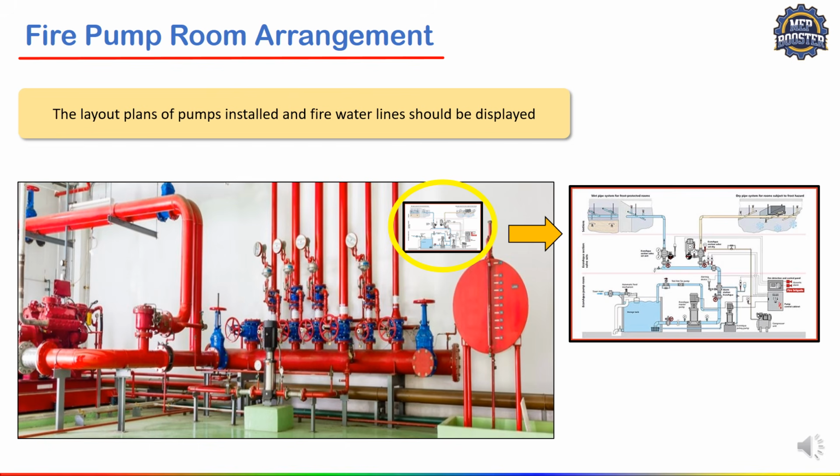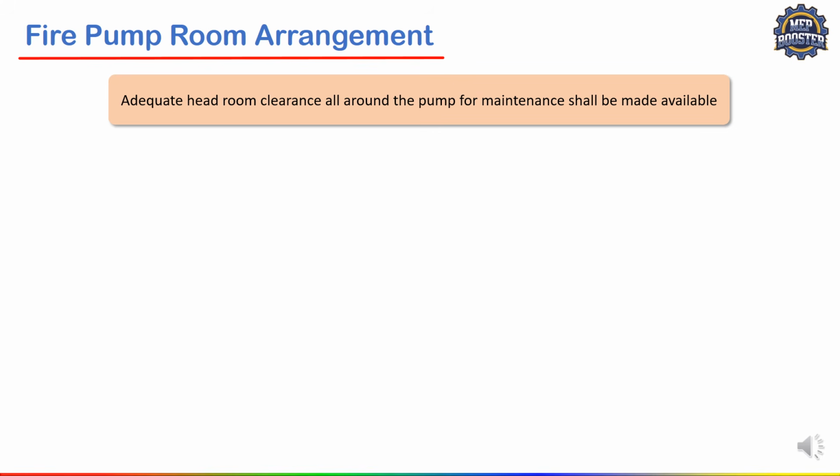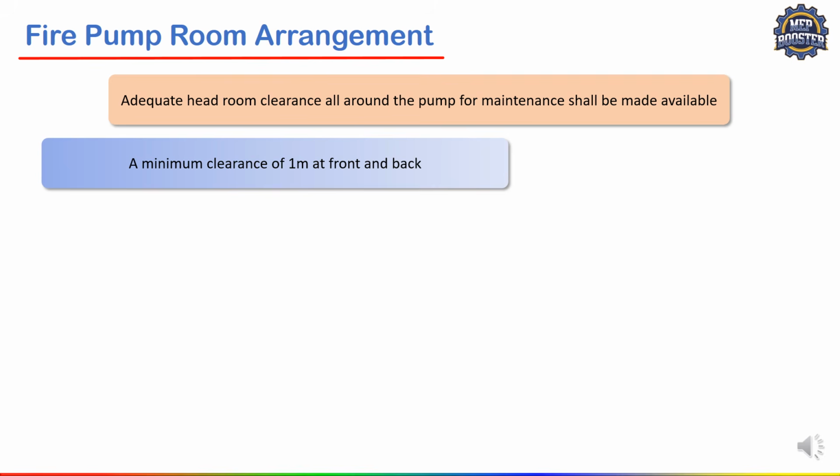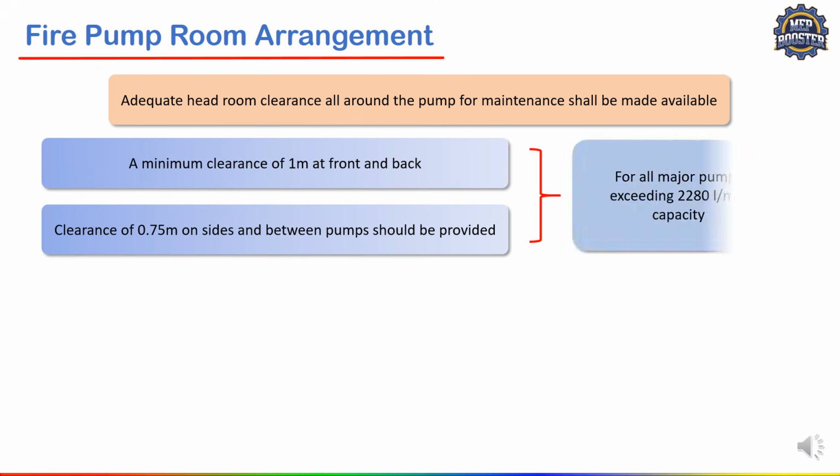Is it clear? Now here you can see it is given that adequate headroom clearance all around the pump for maintenance shall be made available. So see, a minimum clearance of 1 meter at front and back you have to maintain, and a clearance of 0.75 meter on the side and between pumps should be provided.